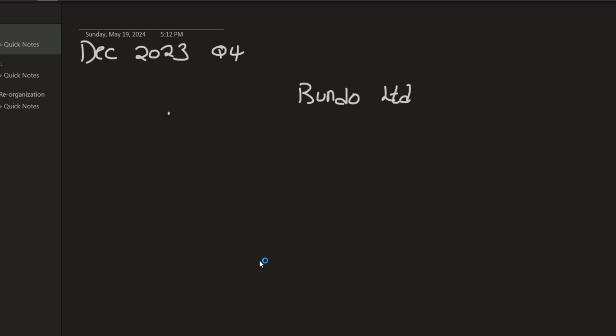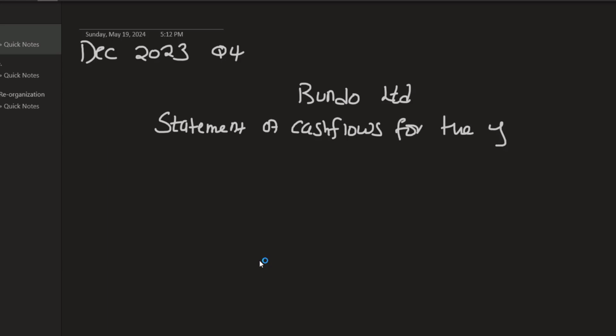Statement of cash flows for the year ended 31st October 2023.